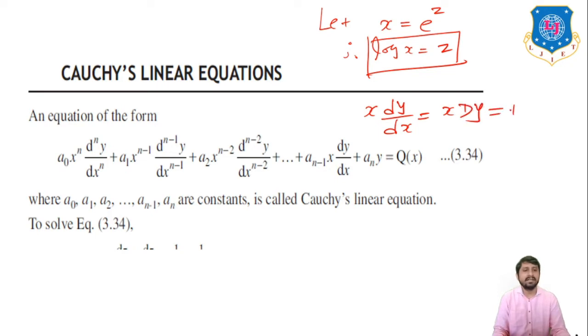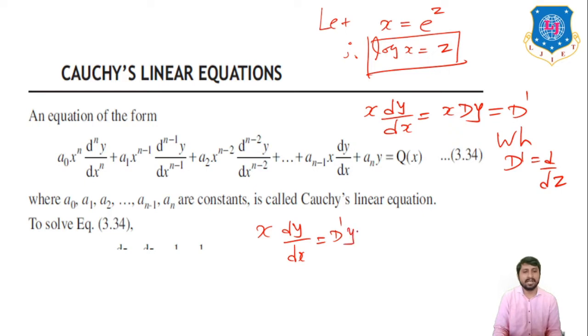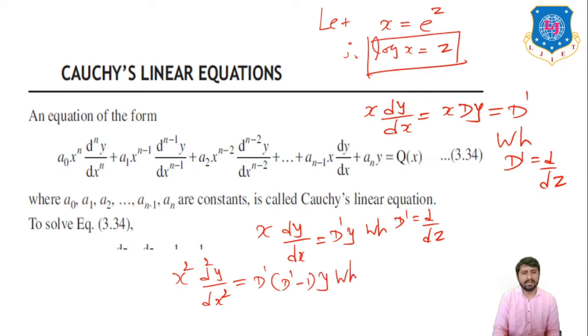Instead of x dy by dx, I can write D dash y, where D dash is d by dz. Similarly, x square d square y by dx square becomes D dash into D dash minus 1 into y, where D dash is d by dz, don't forget.